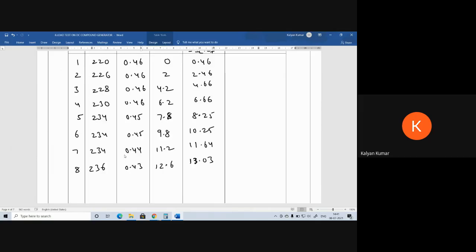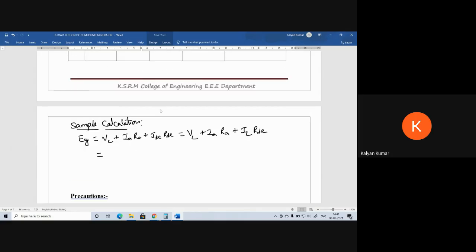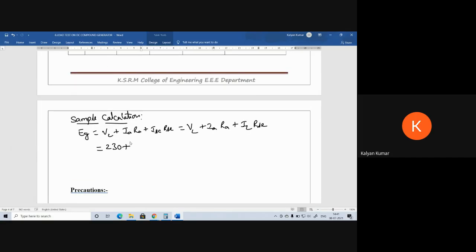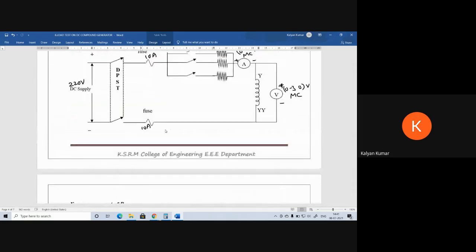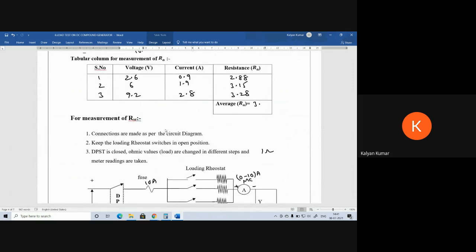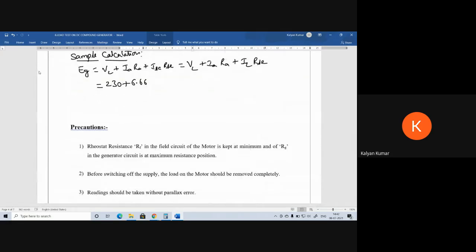If I take the 6.2 amps case, VL is 230 plus IA is 6.66, RA is 3.1 ohms, plus IL is 6.2 into RSC is 0.228.